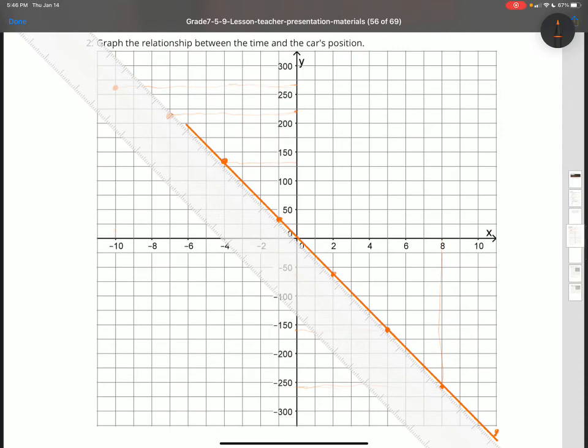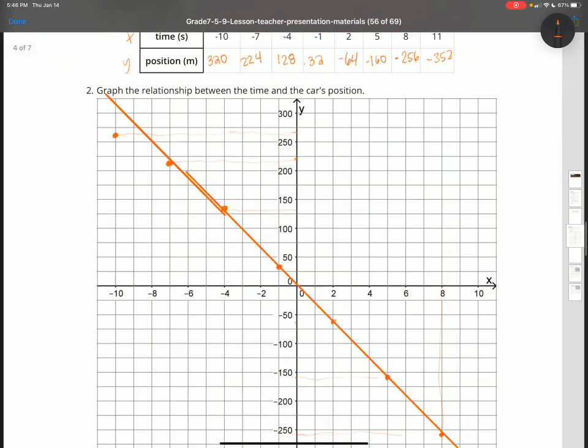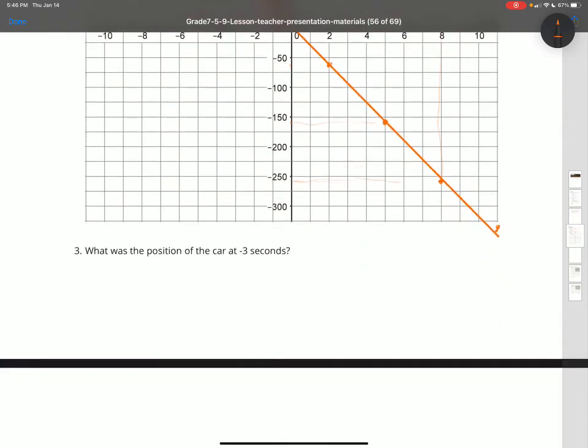I probably did my points wrong, so let me check my points again. 10 would be at 320, which will be a little bit underneath here, but we're just going to rock and roll with it.